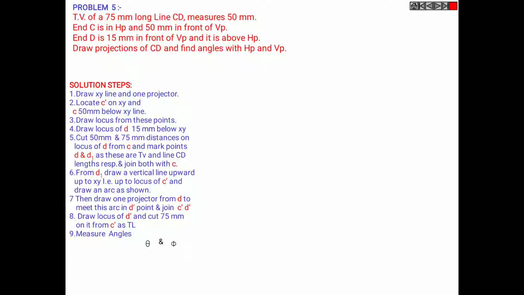Firstly we need to draw the XY line and one projector line. Locate C dash on XY and C 50 mm below the XY line. Since the end C is in HP and 50 mm in front of VP, C dash is on the XY axis line and C is 50 mm below the XY line.